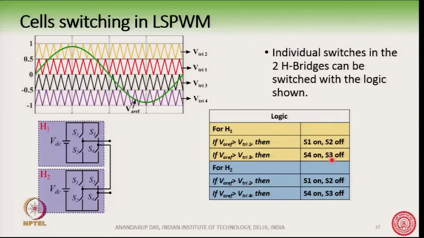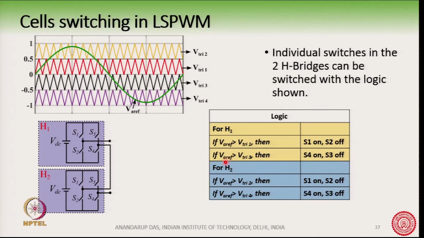By seeing these two logics, you can understand that if VRF is in this position, then S1 is sometimes turning on and sometimes turning off, because VRF is sometimes more than triangle 1 and sometimes less than triangle 1.